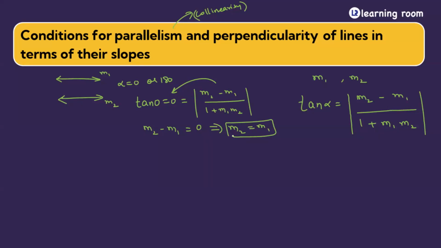Remember this condition. I'll connect it to your 10th standard concept, which you have already learned. If two lines are a1x plus b1y plus c1 is equal to 0, and a2x plus b2y plus c2 is equal to 0, this is the general form of a line. There is a condition for parallelism: a1 by a2 should be equal to b1 by b2, but not equal to c1 by c2.